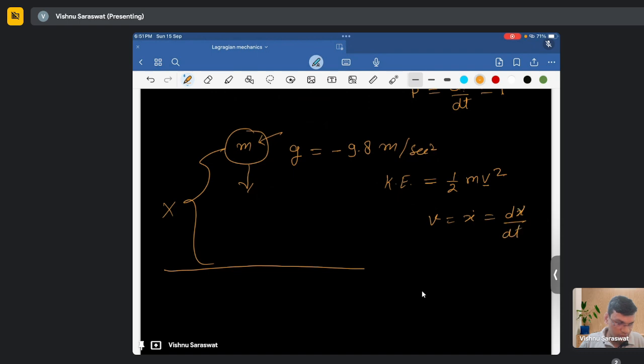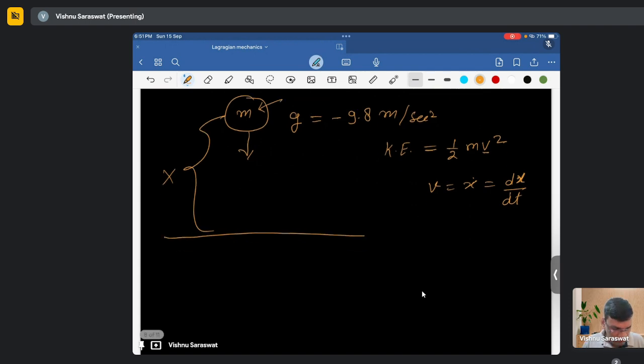So velocity is equal to x dot, and the dot represents the time derivative of position, which is known as velocity. So now we can write our kinetic energy as half m x dot square.